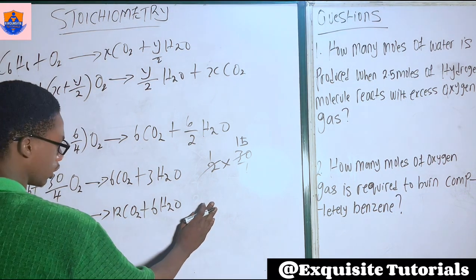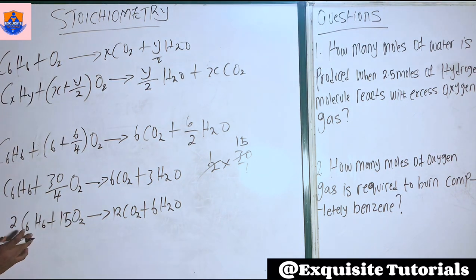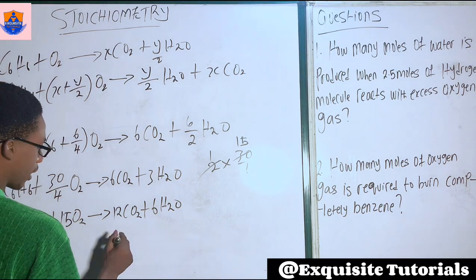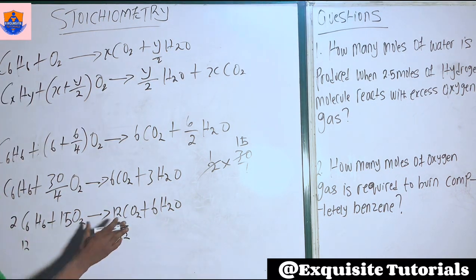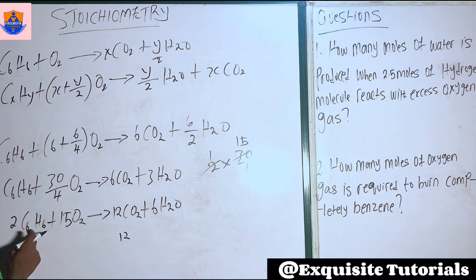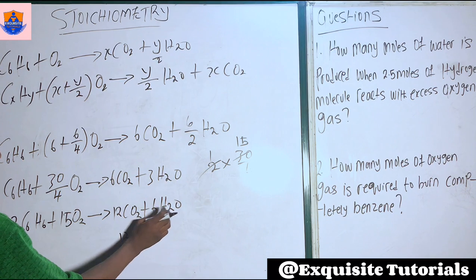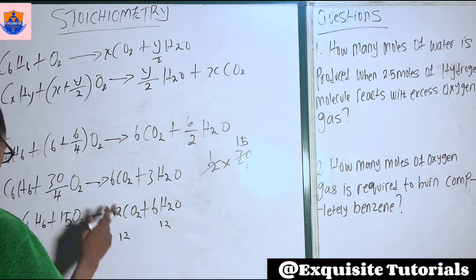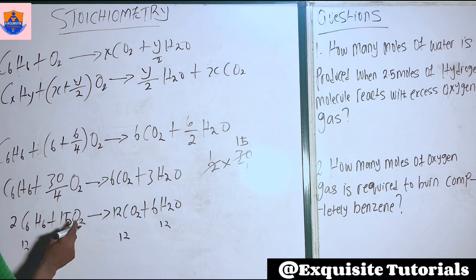So now let's check that this equation is balanced. 2 times 6 gives us 12 carbons. Here we have 12 carbons as well, so carbon is balanced. Then hydrogen, 6 times 2 is 12, and for hydrogen here, 6 times 2 is 12 as well, so hydrogen is balanced. Then for oxygen, 15 times 2 gives us 30 oxygen.